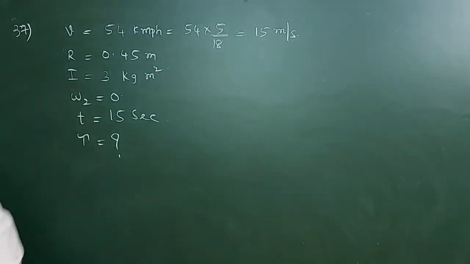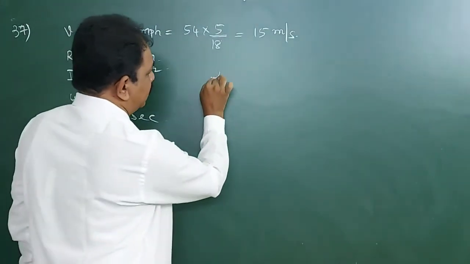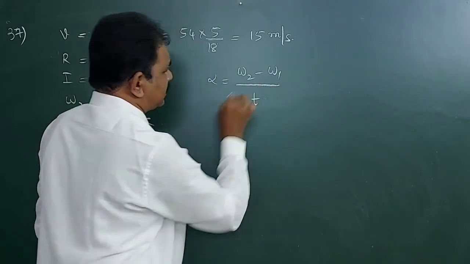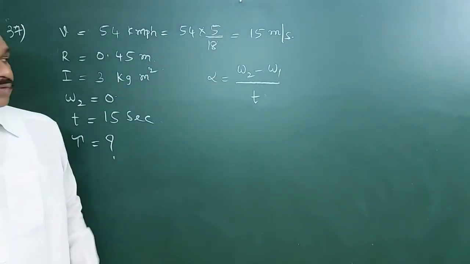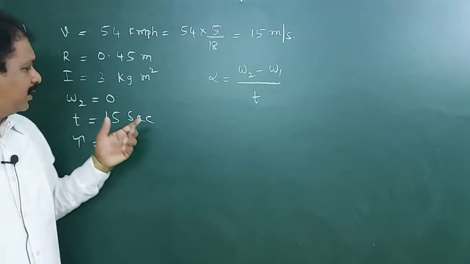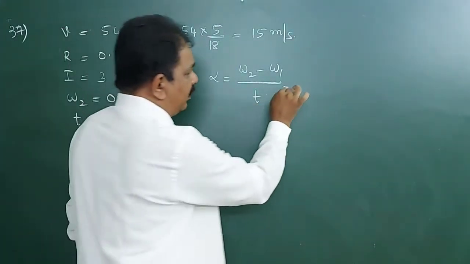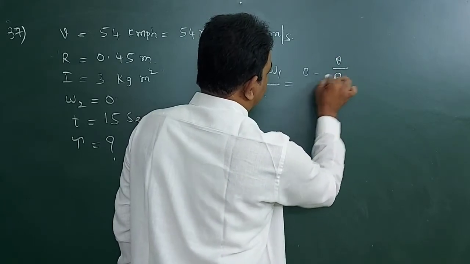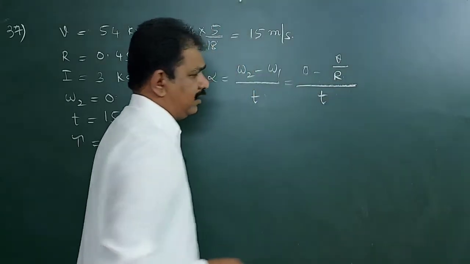First you find the angular acceleration. Alpha is equal to omega 2 minus omega 1 by t. Omega 2 is 0 because it is stopped. Omega 1 value will be V by R. So alpha is equal to V by R by t.